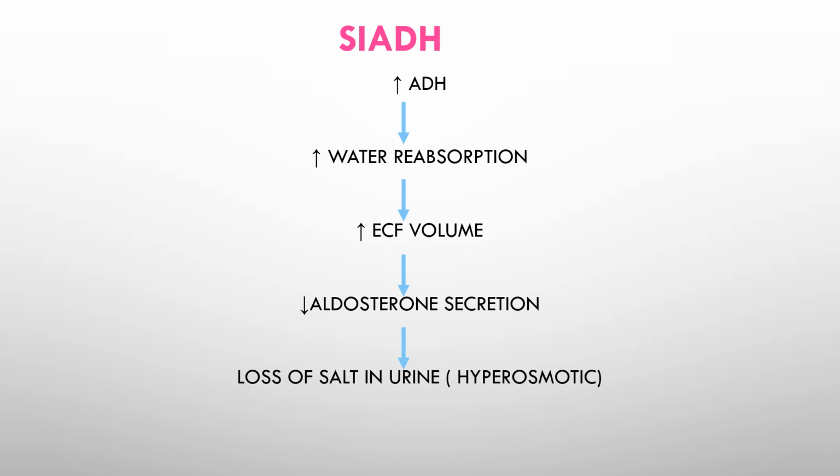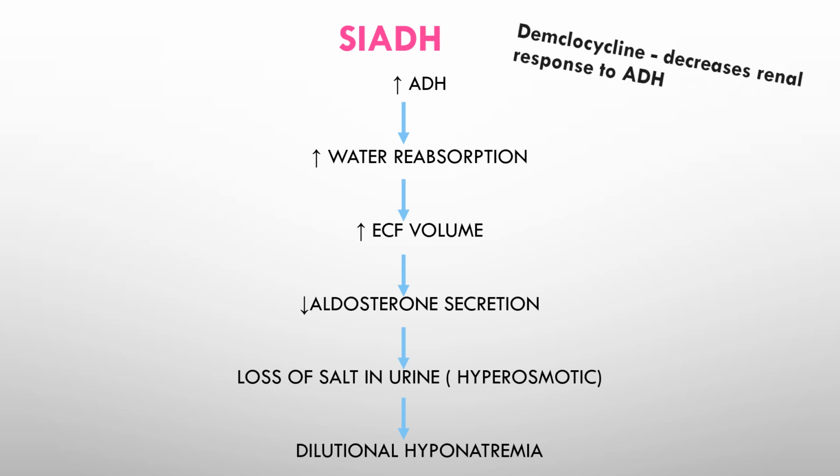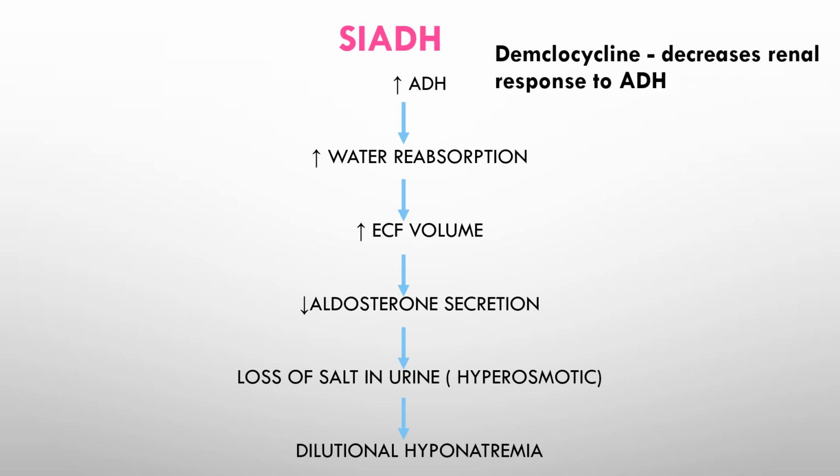That causes a hyperosmotic or concentrated urine, and dilutional hyponatremia. To treat the condition, demeclocycline is used, which decreases the renal response to the antidiuretic hormone.